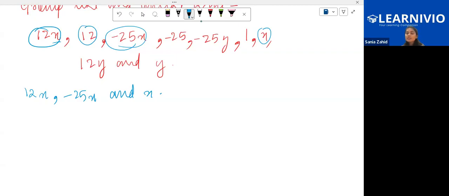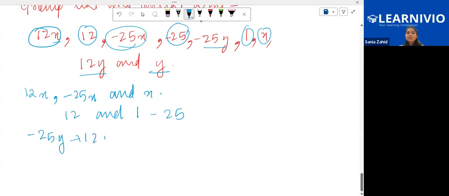Do you have any other single number? Yes, 1. So 12 and 1 also. Then minus 25 is also there. Then minus 25y, 12y and y. These also have the same variable. Understood? Yes, ma'am.